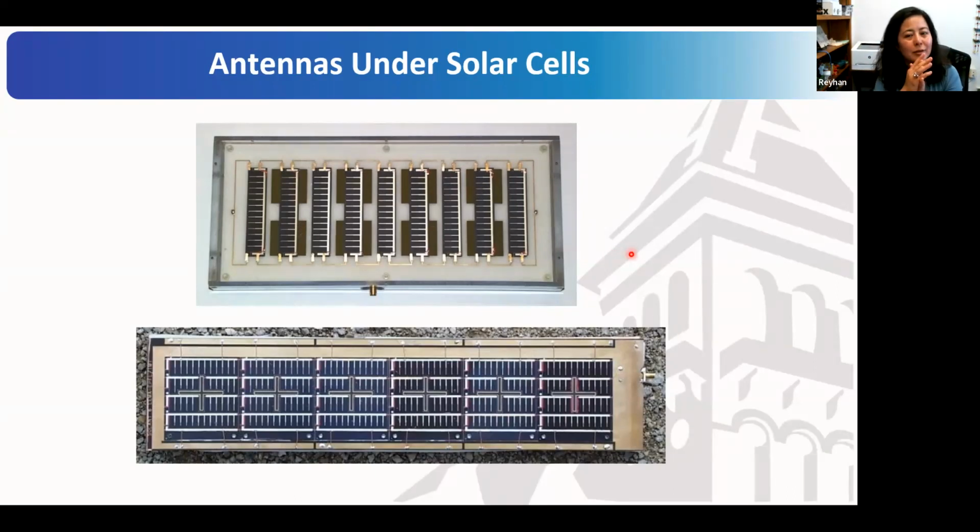So that, in a way, reduces the efficiency of the solar panel. And for the bottom one, since you are putting the slots under the solar cells, they are custom designed. So if you want to work with off-the-shelf modular solar cells, which is the entire idea of modular CubeSat antennas, then these methods can create certain challenges.